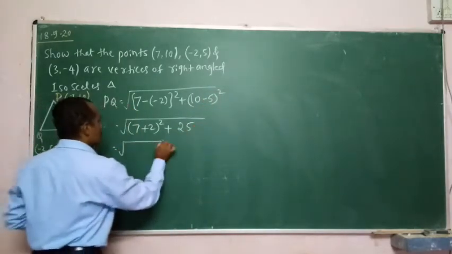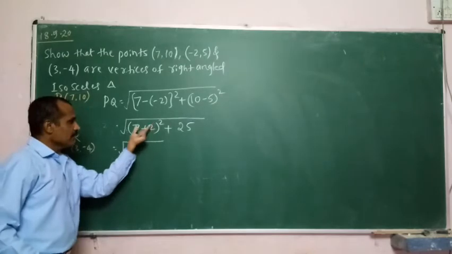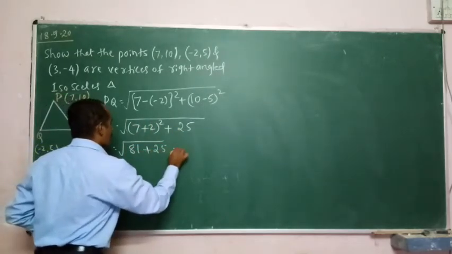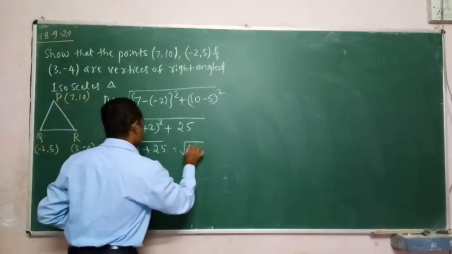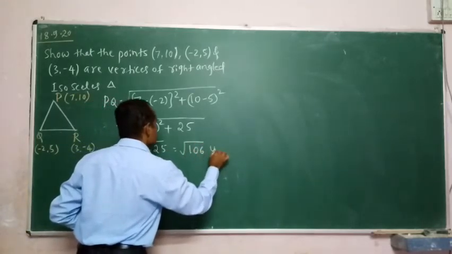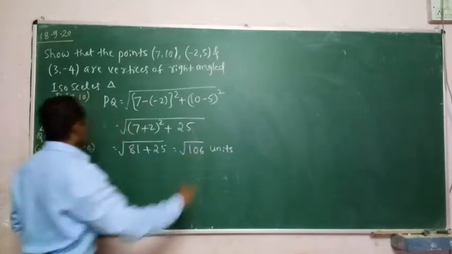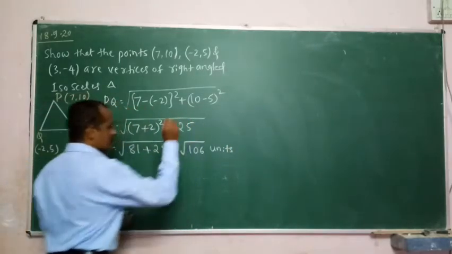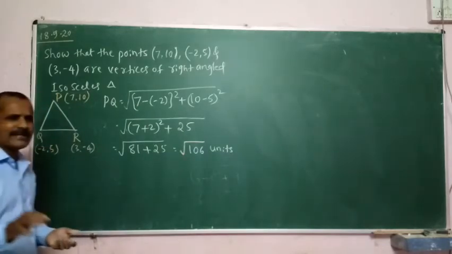Which is equal to under root 9 square, 81, plus 25. Answer is 106 units. The length of PQ we got is root 106 units. Let me keep it as it is, no need to convert into decimals.